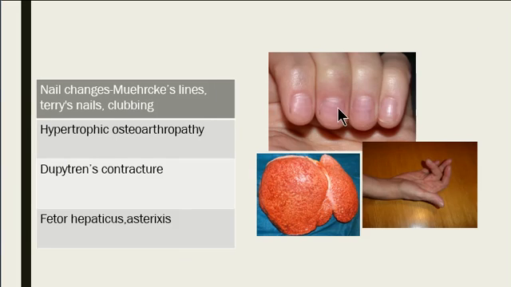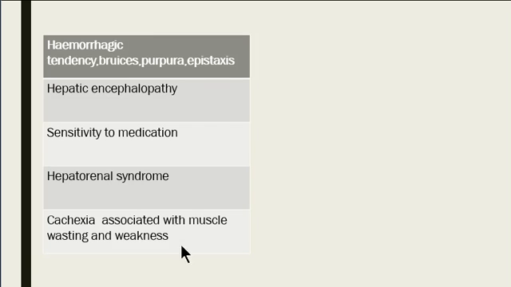So we saw certain non-specific ones like nail changes, hypertrophic osteoarthropathy, Dupuytren's contracture. Apart from that, we also saw certain known ones such as fetor hepaticus and asterixis. We saw certain advanced ones like hepatic encephalopathy, hemorrhagic tendencies, sensitivity to medications, and hepatorenal syndrome.